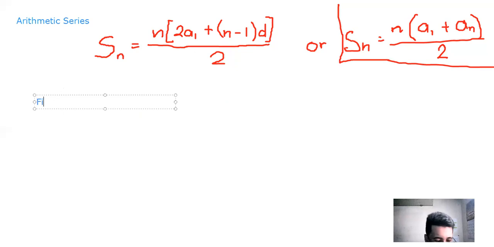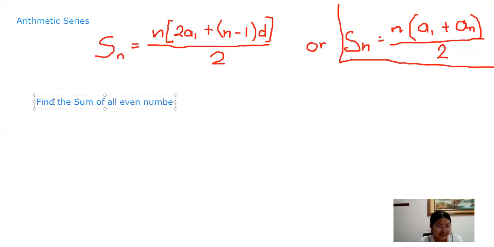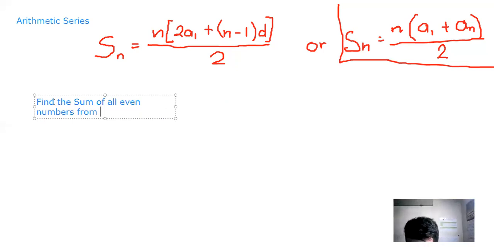Find the sum of all even numbers between, ano po, halimbawa po, mga 1 and 21, mga ganun po.